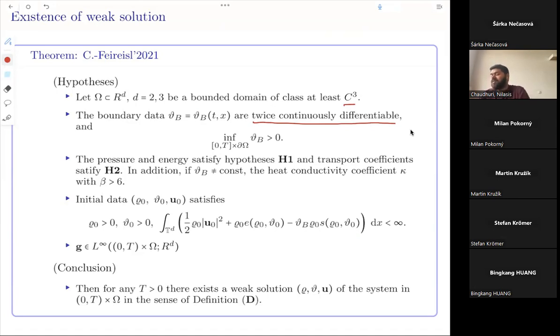There are some questions I came to know recently about this, is it really needed? But you see that at the end, our main goal is to also prove some sort of weak-strong uniqueness result. And there, the strong solution for the temperature, we always consider to be C2, twice continuously differentiable functions.